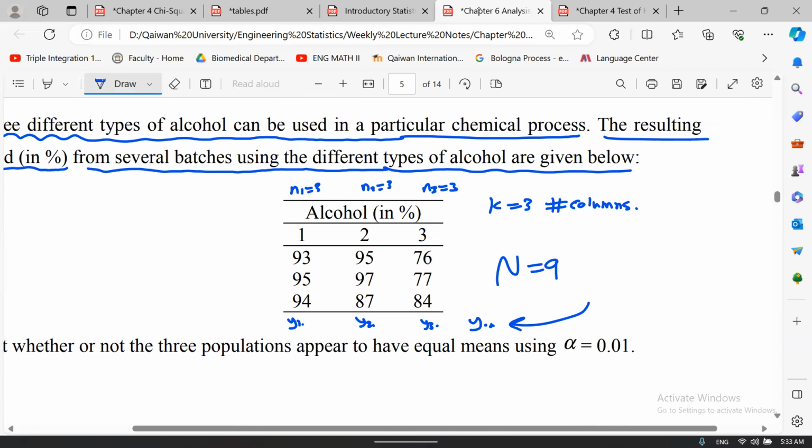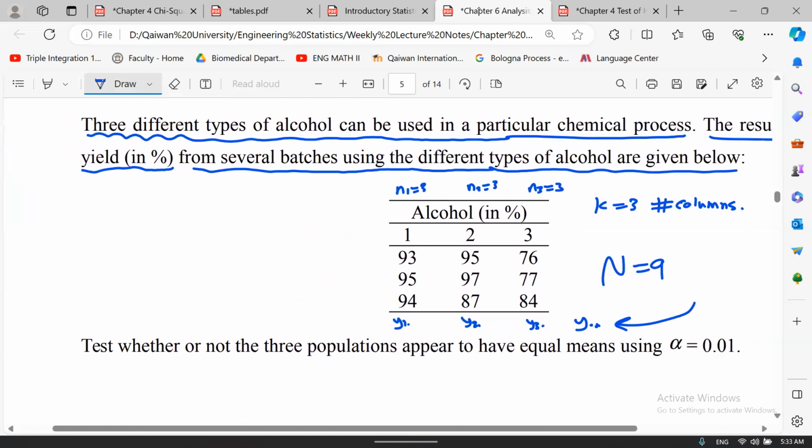We don't need anything else except these things: K, little n, little n's, capital N, and also the sum of elements at each level and the total sum, which is y double dots. We just depend on these things to find the values of SST and SSTRT.